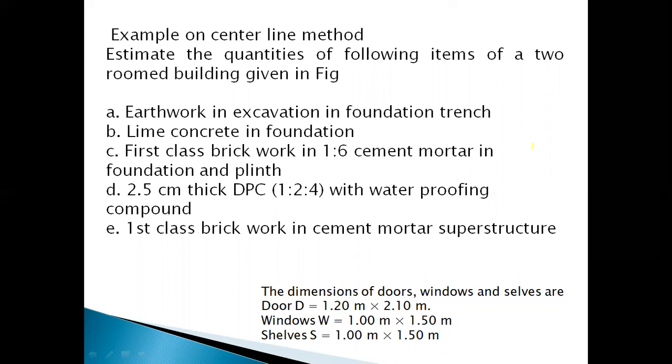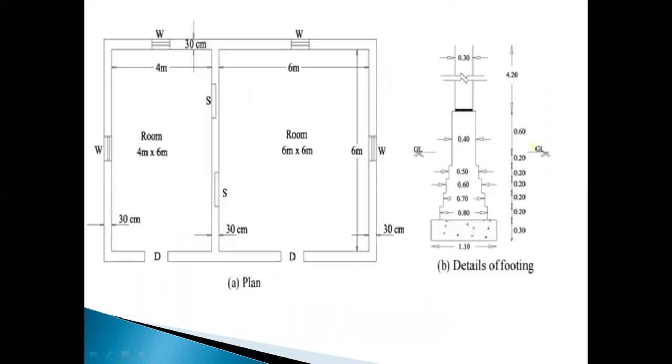The dimensions of the doors, windows and shelves are: doors D equal 1.2 meters into 2.1 meters, windows 1 meter and 1.5 meters, and shelves 1 into 1.5 meters. This is the plan, and the details of the footings are given in the problem. So two rooms: one room dimension is 4 by 6 and the second room is 6 by 6, and each wall thickness is 30 centimeters.